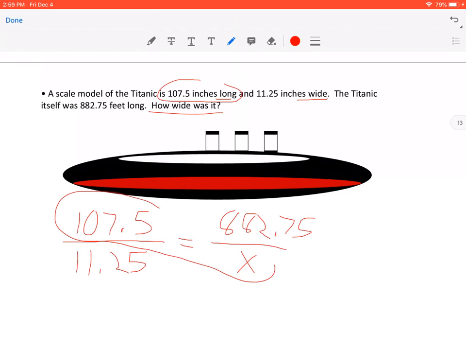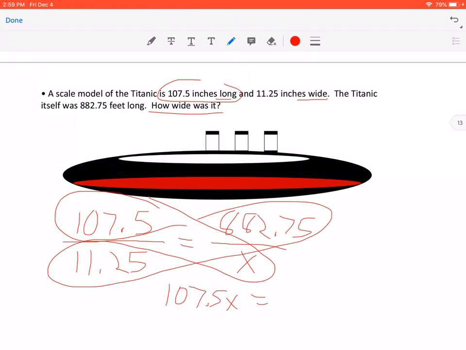And again, just cross multiply. You can use your calculator. So 107.5 times x equals, multiply these two numbers, 882.75 times 11.25, big number, and then divided by 107.5.